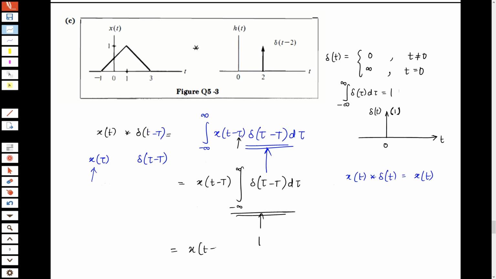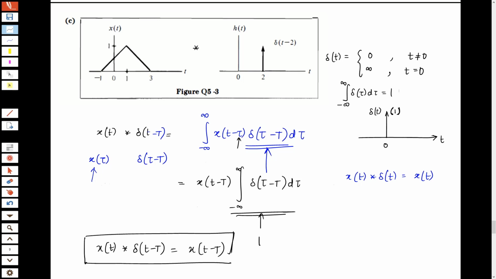That means you get x(t minus T). So if you perform a convolution of x(t) with an impulse situated somewhere, what you're basically doing is moving that signal to the location of that impulse. So x(t) now moves to x(t minus T).